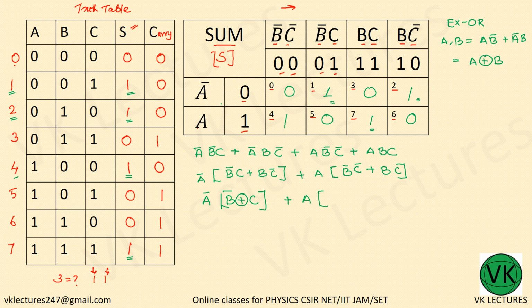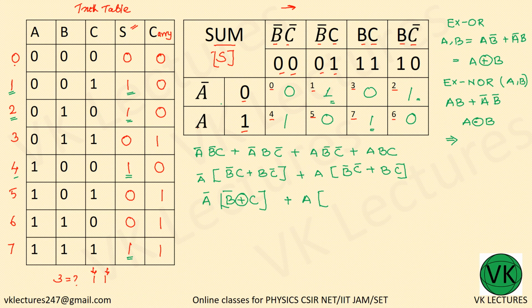B C bar plus B C. Now exclusive NOR of A comma B says AB plus A bar B bar, that we will write as A XNOR B, or it is equal to the NOT of XOR. XNOR is nothing but the NOT of XOR.